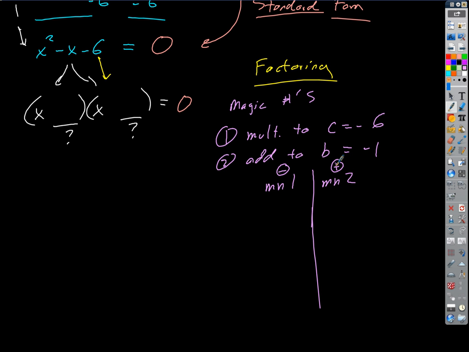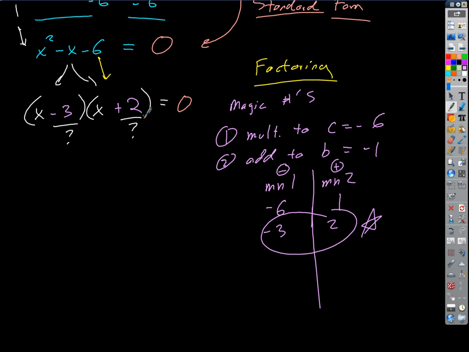So all we've got to do then is look at all the factors of 6. What are the factors of 6? We could do 6 times +1. We could do -3 times +2. That's it. -2 times 3, and that's it, isn't it? Those two multiply to -6, but they add to -1, right? So there's the winner. We end up with x minus 3 times x plus 2.